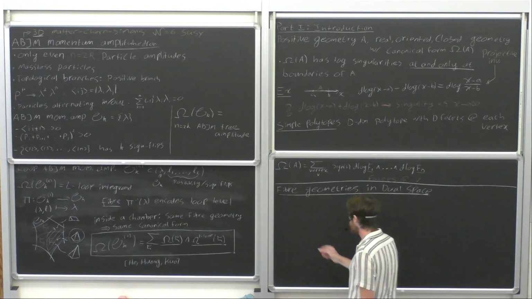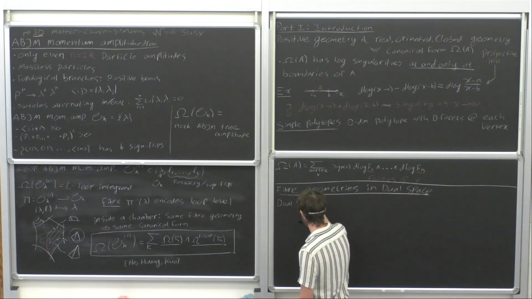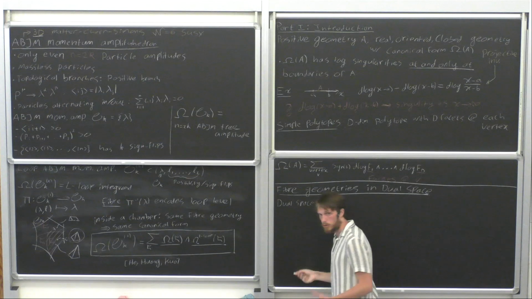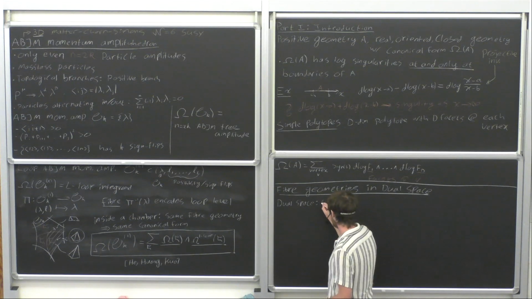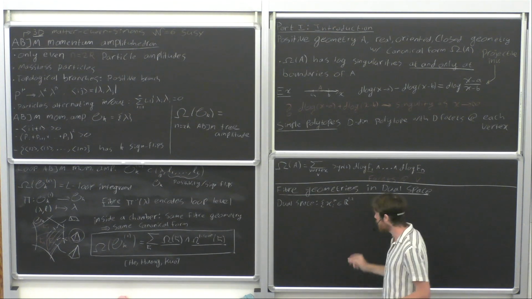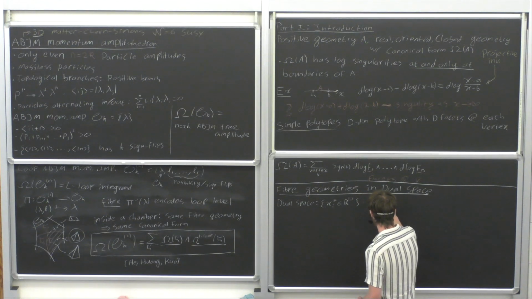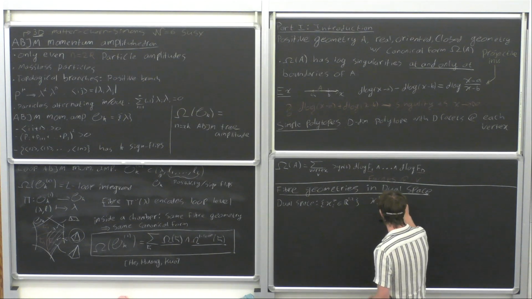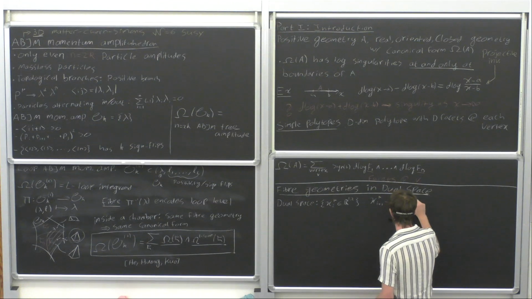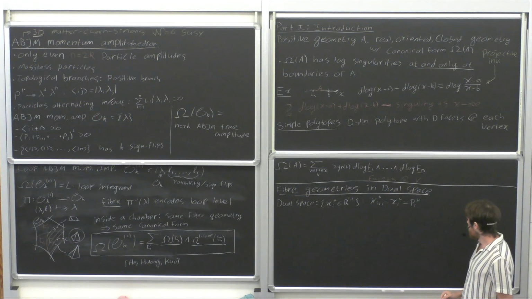So just a reminder of what I mean by dual space. We now encode our scattering data in a set of endpoints in three-dimensional Minkowski space such that x_{i+1} minus x_i is the momentum p_i.